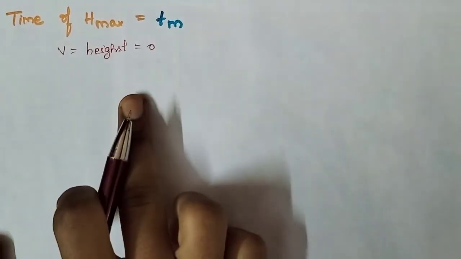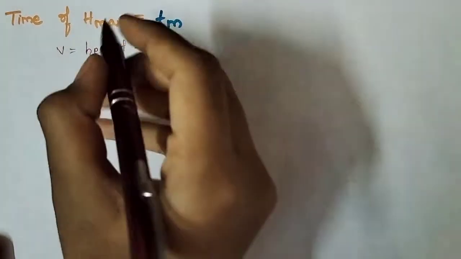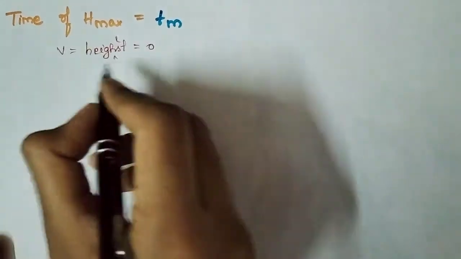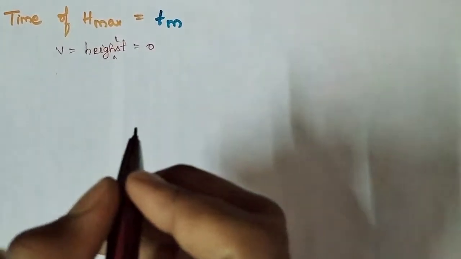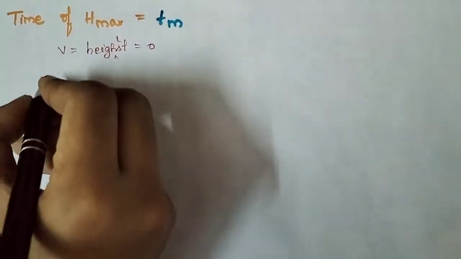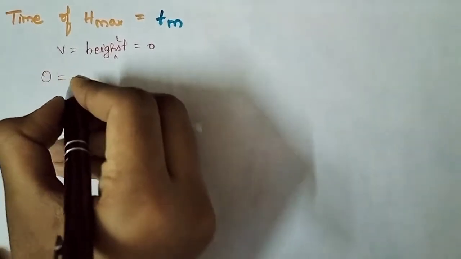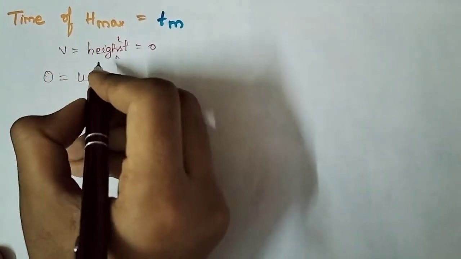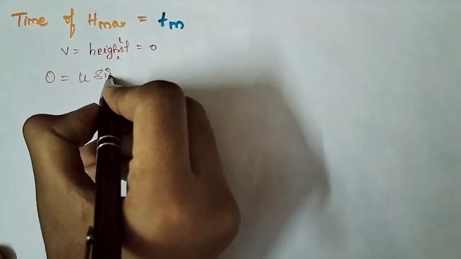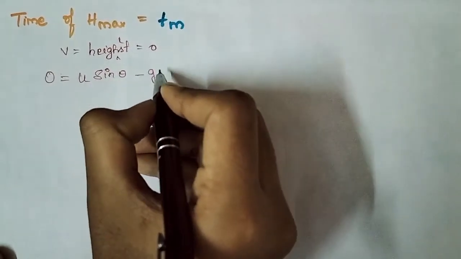So at the highest point it is 0. Here the vertical component of velocity is 0. Then we can write 0 equals u sin theta minus g Tm. How has this equation come?